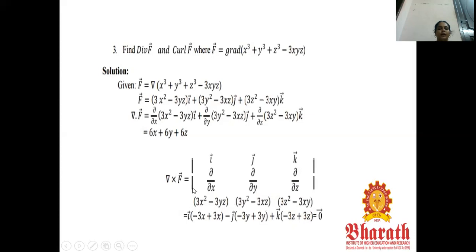So now we have to calculate the corresponding column, corresponding row. I vector of minus 3x plus 3x, minus j vector of minus 3y plus 3y, plus k vector of minus 3z plus 3z. So after calculation, we got zero vector. So this is del cross f.